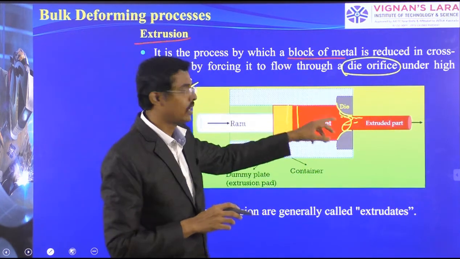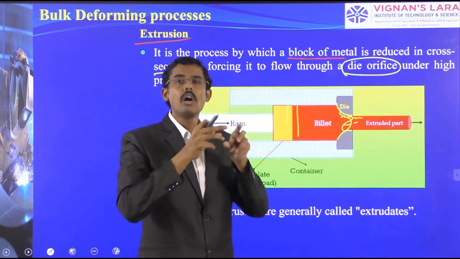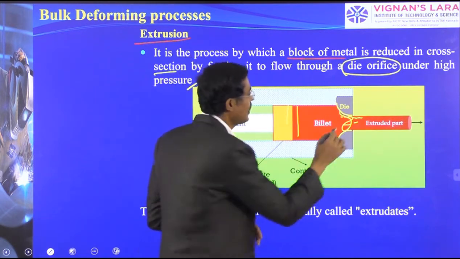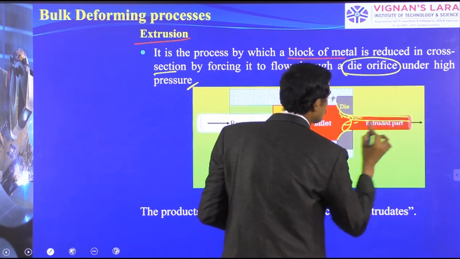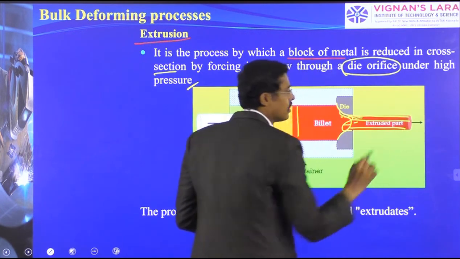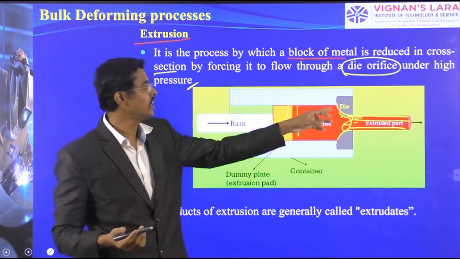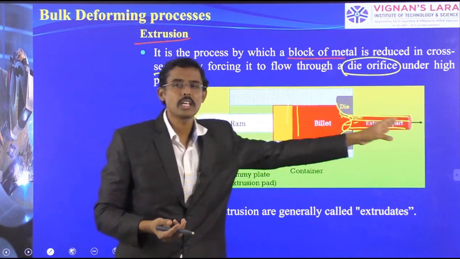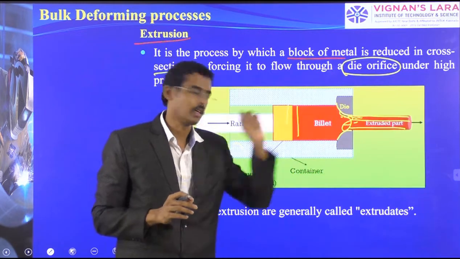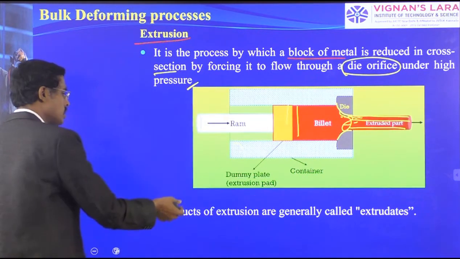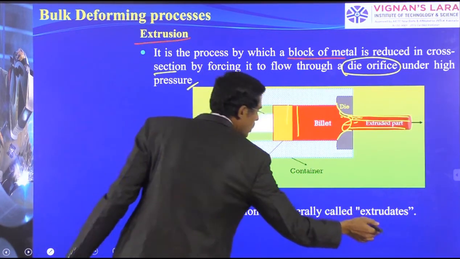So two paths it can go, which means two holes are created at the output stage. When it is extruded, it will be like this. You see? The shape of the die that I create in the design comes out at the other end. Whatever design or hole it has, accordingly it should come. So we are able to produce extrusions, or generally called extrudates.